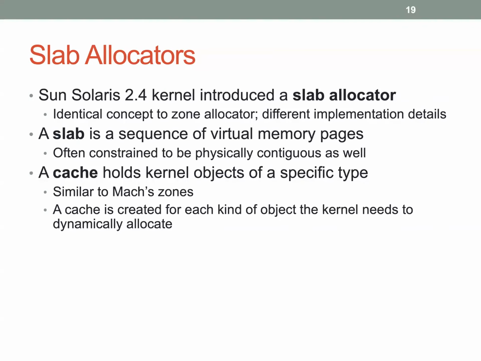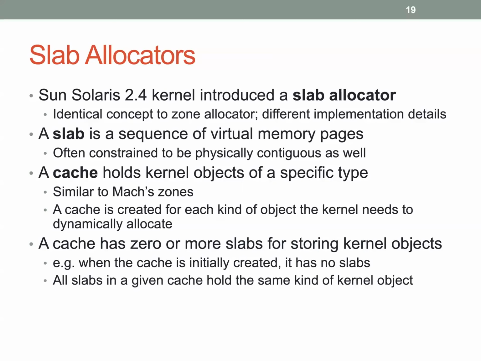Then you have a cache, which is objects of a specific type. And you'll notice that I say on the slide that a cache is equivalent to a Mach zone. So a cache is for a specific type of object, and it will contain some number of slabs for that type. And of course, the cache could also have 0 slabs if no objects of that type have been in use for a while.